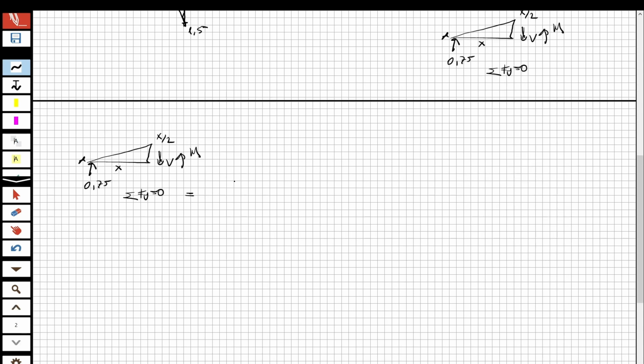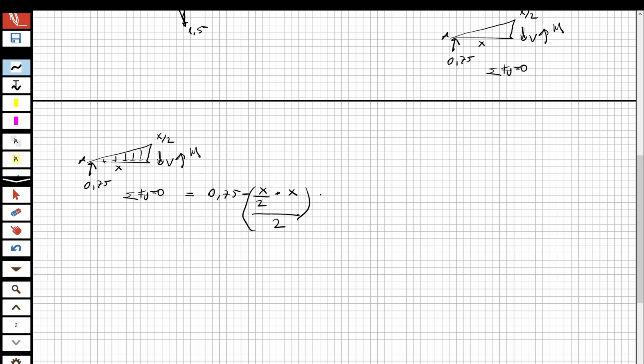For example, it's going to be 0.75 minus x over 2 multiplied with x, but I'm going to use just a point here for the multiplication: x over 2 multiplied by x over 2. Why? Because it's a triangular shape. This is a triangular force.